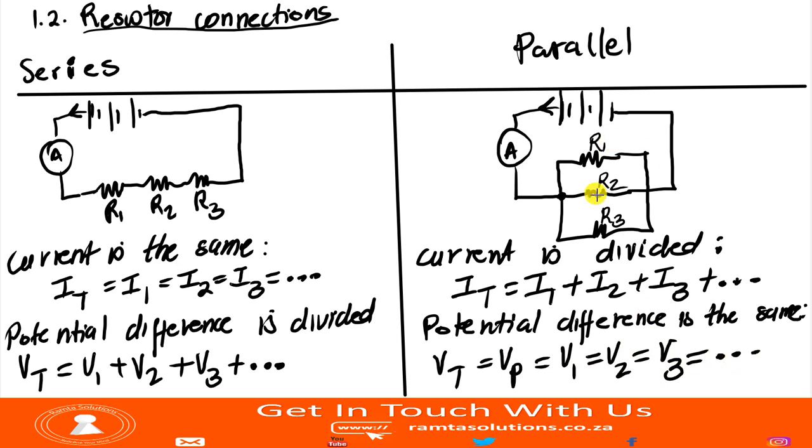That is to say, these resistors that are connected in parallel have the same potential difference, which we can call VP, meaning potential difference for parallel connection. Or if your circuit only has resistors connected in parallel, it is the potential difference supplied by the battery. Perfect.